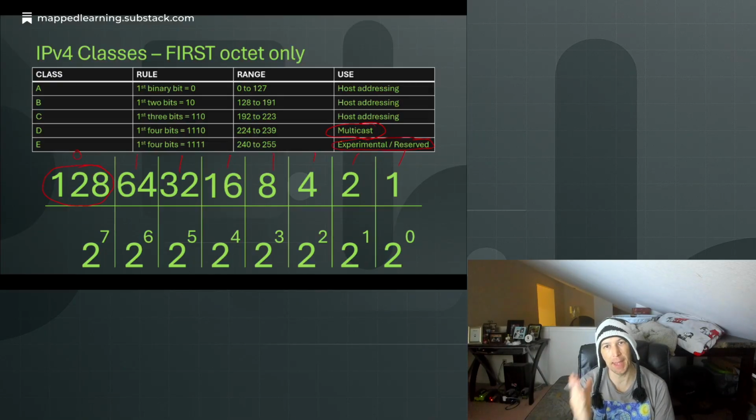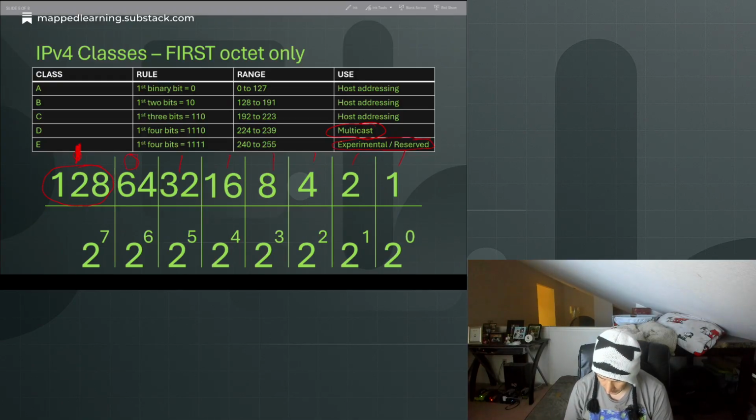If we have a bit on and the rest zeros, if we subtract one binary bit, it turns that bit off and the rest are ones. So this 128 bit is off, the rest are on. That means that it is 127. So you can see in the range here you have 0 to 127. Then we have class B. The rule for class B is the first binary bit must be a 1 and the second binary bit must be a 0.